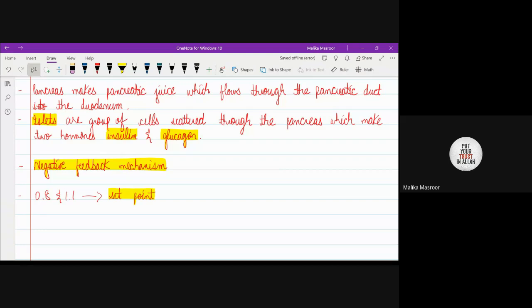If the level goes outside the range, above or below, that will trigger some measures that bring the level back into line again. If blood glucose concentration increases, it will produce insulin to lower it down. If it decreases, the body will take measures to bring it up and produce glucagon. Clear? Everyone clear? Any questions?